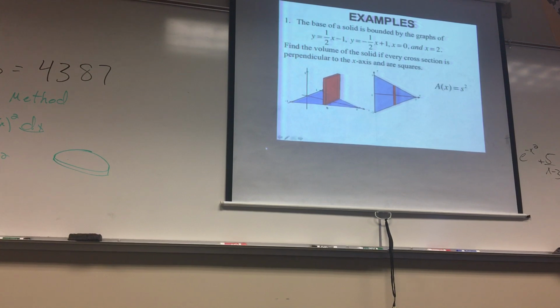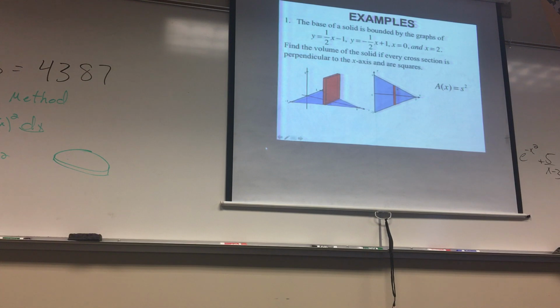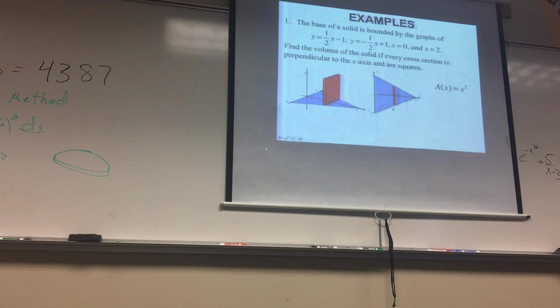So what I really need in order to integrate is the area of the cross-section, which is a square. You know that the area of a square is side squared. So one side of this square, as you'll notice, is just the length of this rectangle, or the height of this rectangle. So your top curve minus your bottom curve, like what we were doing yesterday. So I want to integrate that side squared. To figure out what one side length is, I am going to do the top minus bottom.